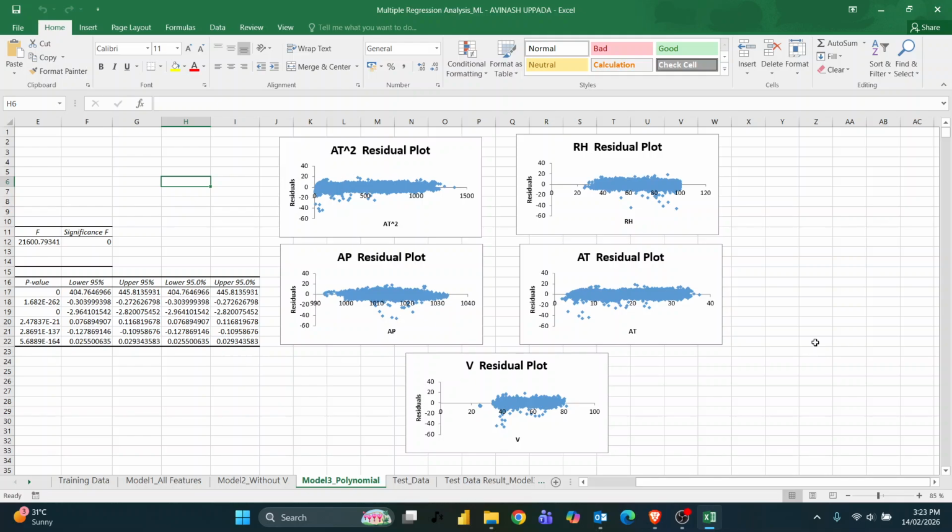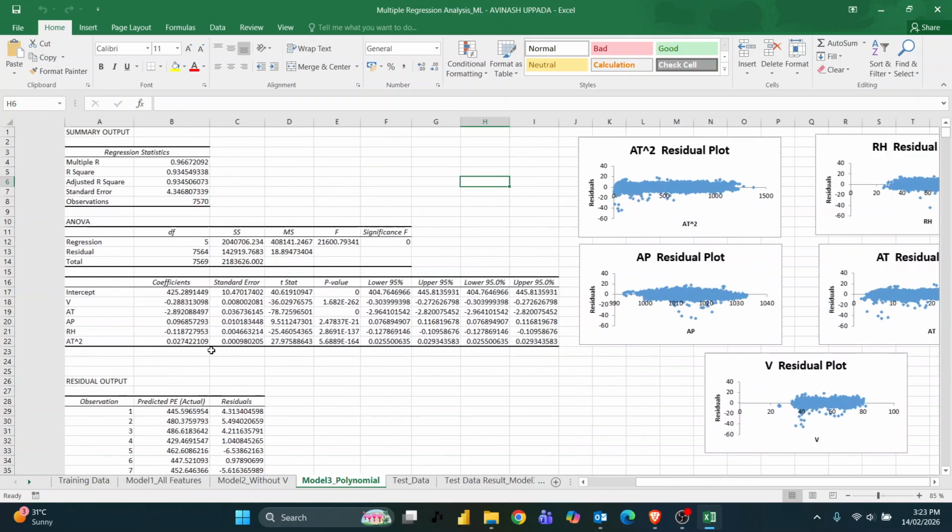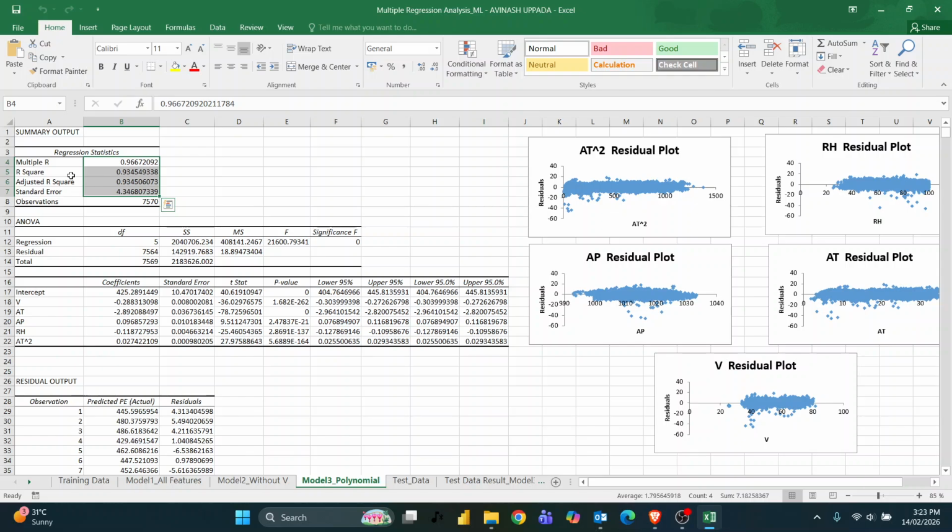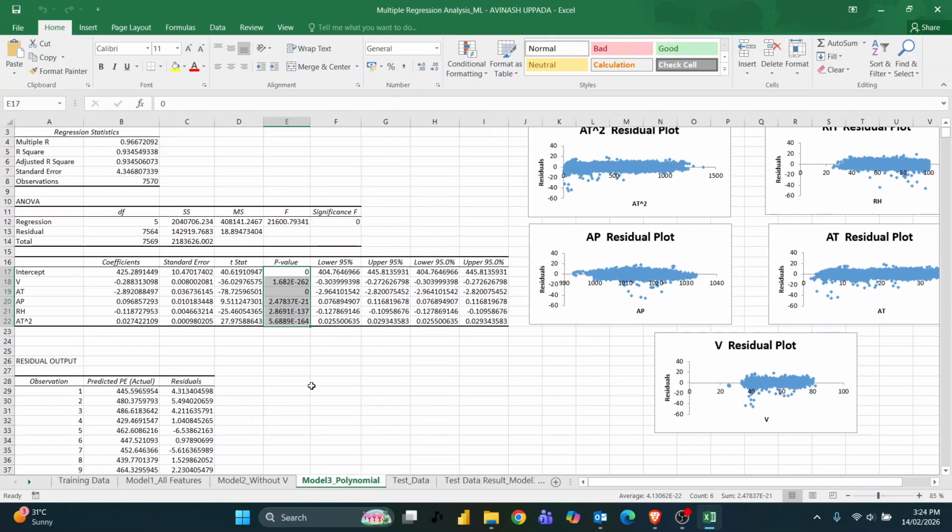When I say better shape, there is no structure as such, which means the model is doing what it has been intended to do. Even the p values are good. R square value has improved. Now this explains most of the variance. All of these p values are significant, which is again a good measure.